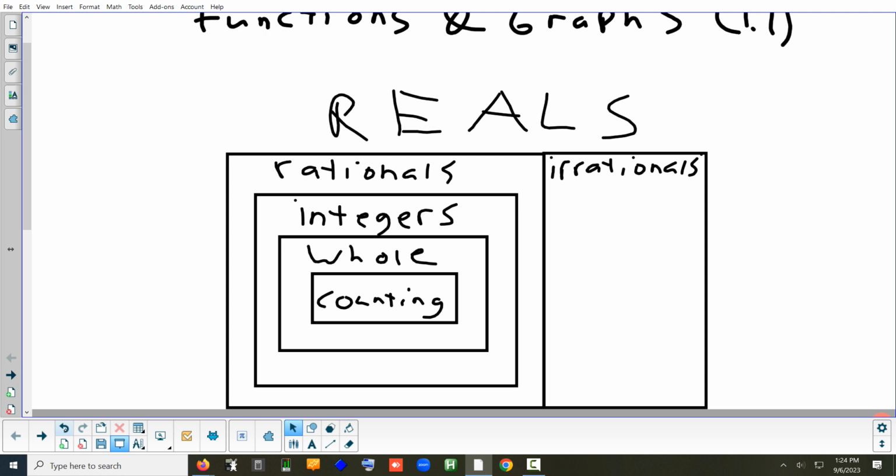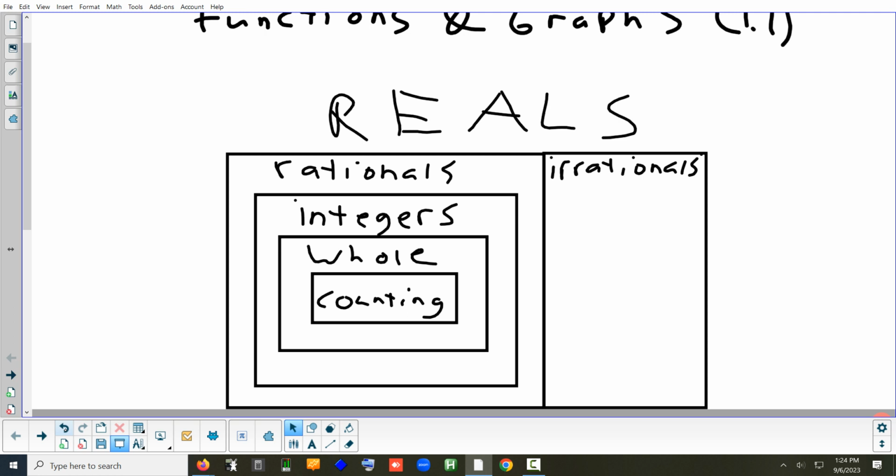And the next number would be? 2. There's nothing between 1 and 2. So counting numbers don't include fractions. They don't include decimals. They don't even include 0, because when you're counting, you don't start with 0. They start at 1 and they go up. No fractions, no decimals.